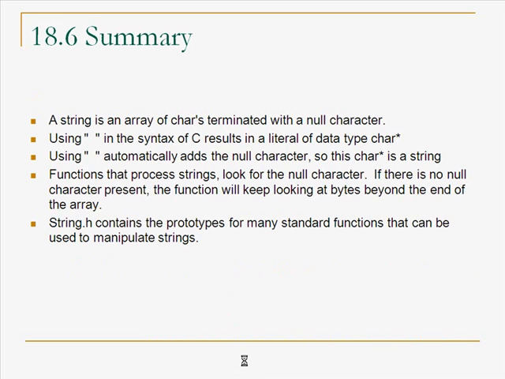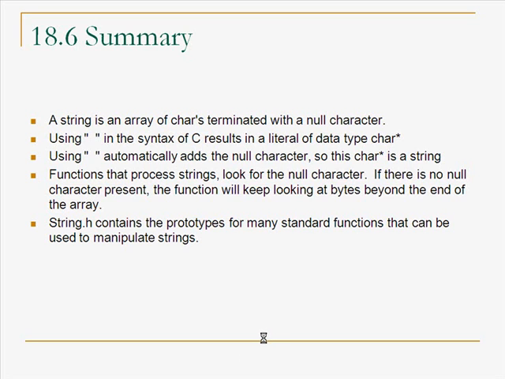So in summary, a string is an array of characters terminated by a null character. If you use double quotes in the C syntax, you will have a literal of data type char pointer, and the null character will automatically be added to the end of your character array when you use those double quotes.